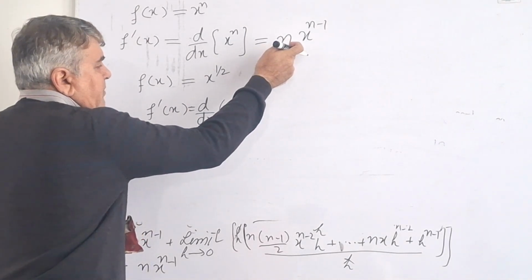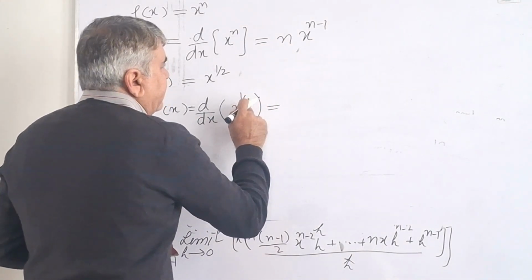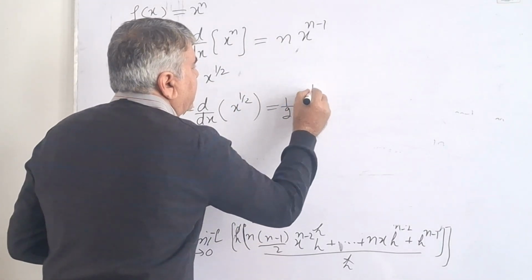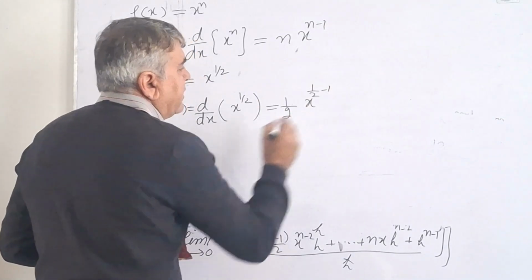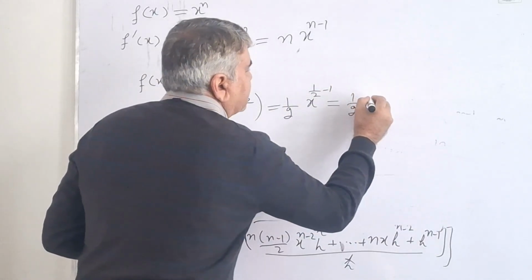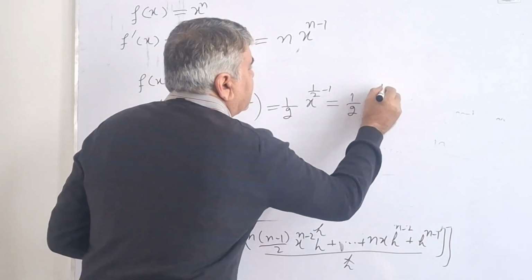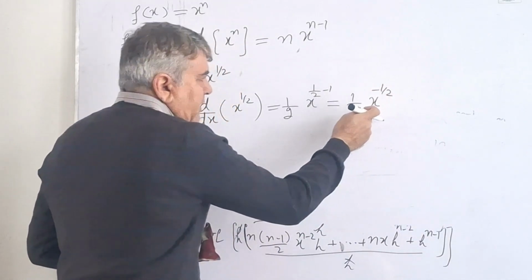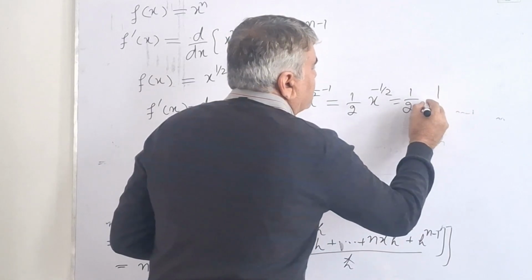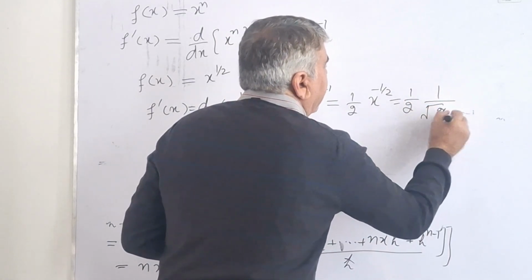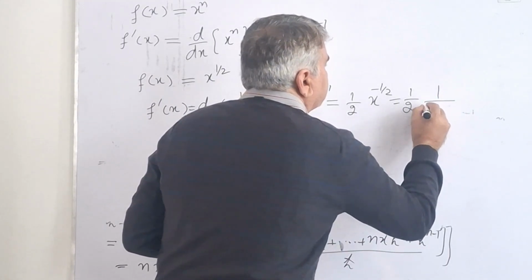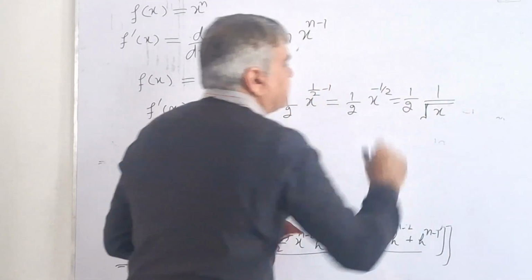Using this form of the formula, I write n equals half and x power half minus 1. From this I get half, and half minus 1 is in fact equal to minus half. So I can leave it the way it is, or I can write this as 1 by 2 into 1 over square root x.